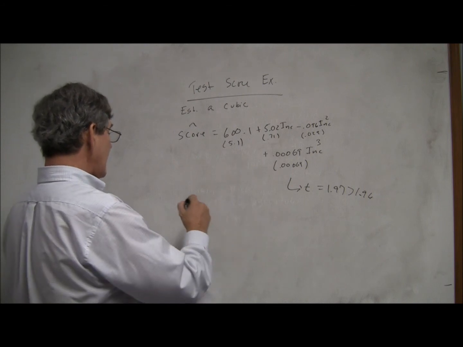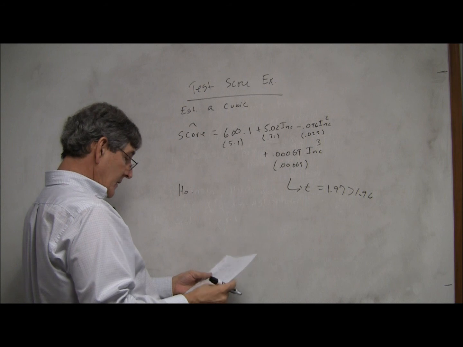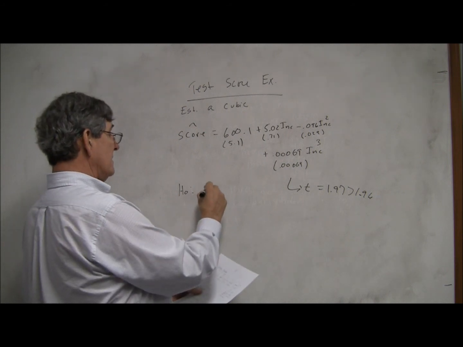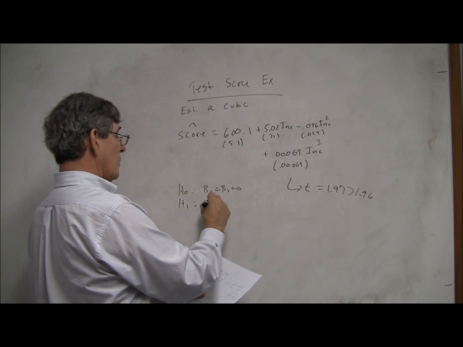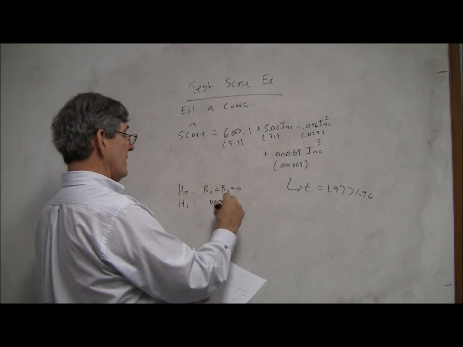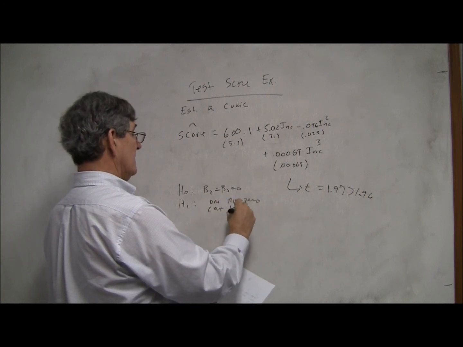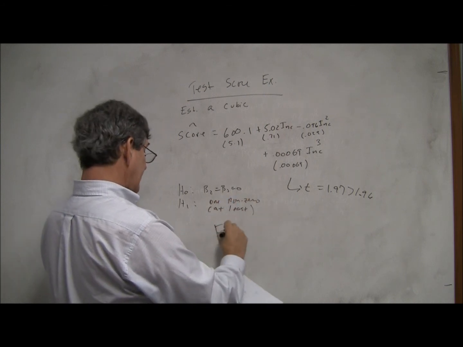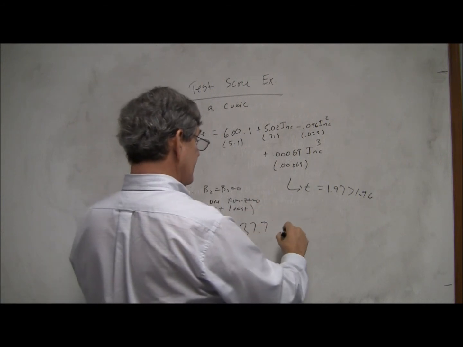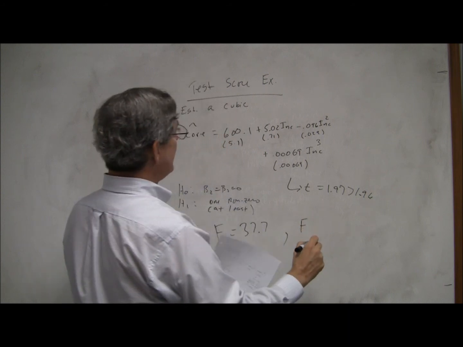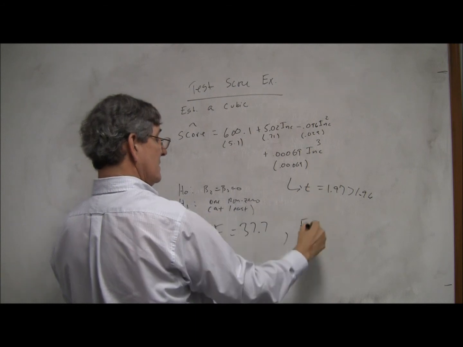Okay. What about an F test? What if we test for nonlinearities generally? What if the null is beta 2 equals beta 3 equals 0, and H1 is at least one of them is not 0? The F is 37.7. It's an F with 2 restrictions.